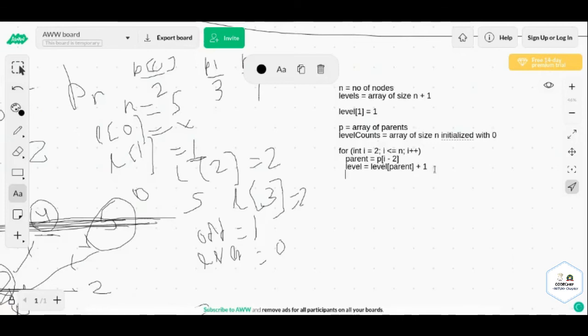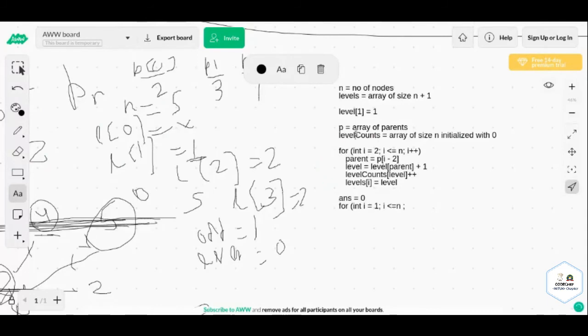Okay. So here, at this level we have found one another node, so we increase the count at that level, and we also set levels of this node i is equals to this level. Okay. Now we can count for all the levels, let's say answer is equals to 0, and for all the nodes int i is equals to 1.